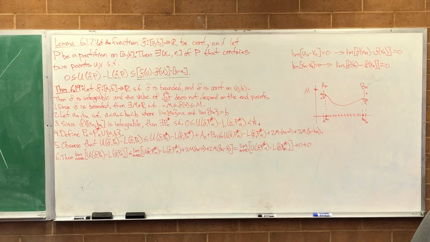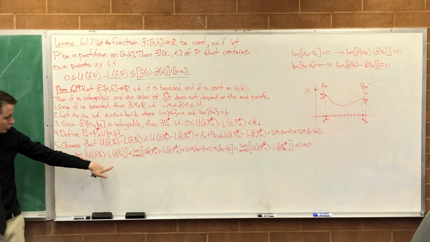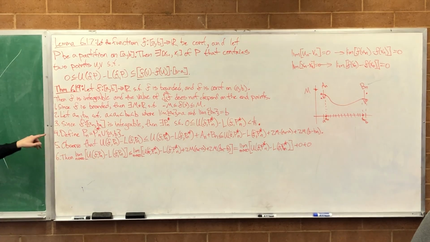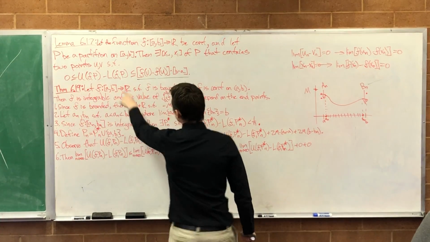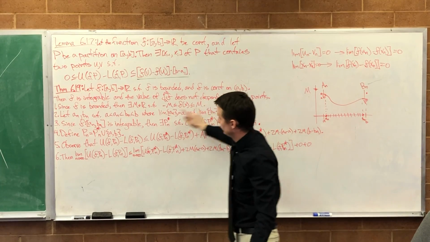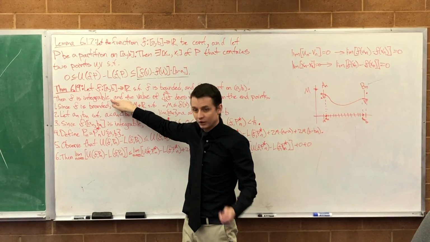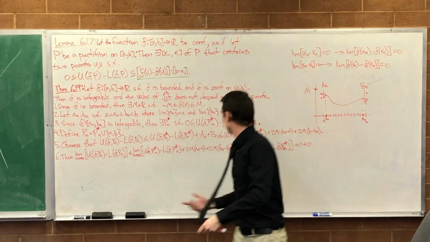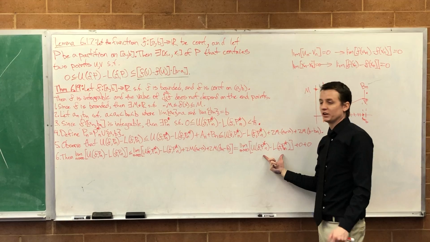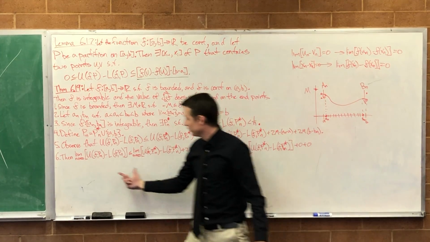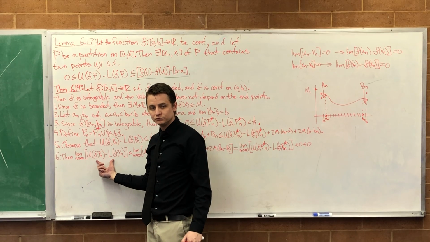Because I'm trying to show two different things here. First off, I'm trying to show this is integrable. So let f from a,b to R be such that f is bounded and f is continuous on the open interval. Then f is integrable. I'm trying to show that. And I'm also trying to show that the value doesn't depend on the endpoints. So notice that when we're looking over here, the value doesn't depend on the endpoints. Here, the value does depend on the endpoints.